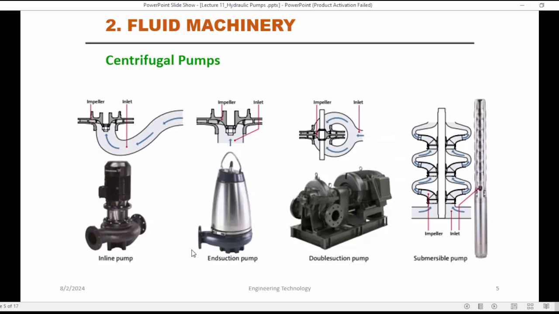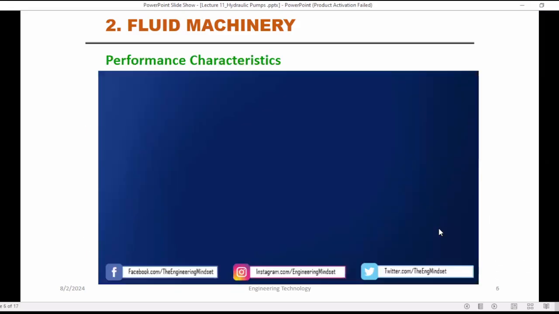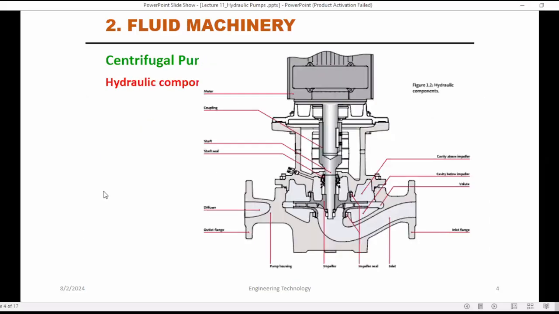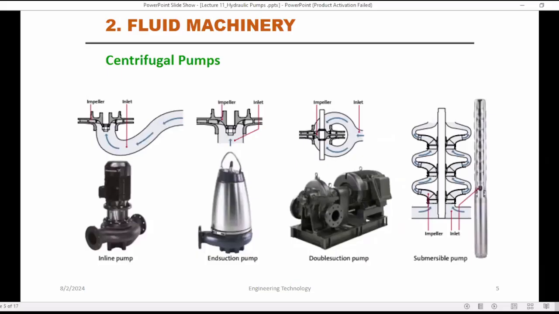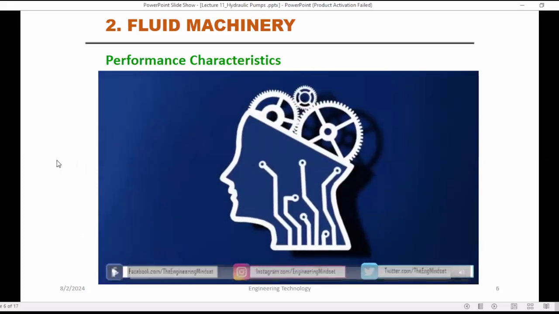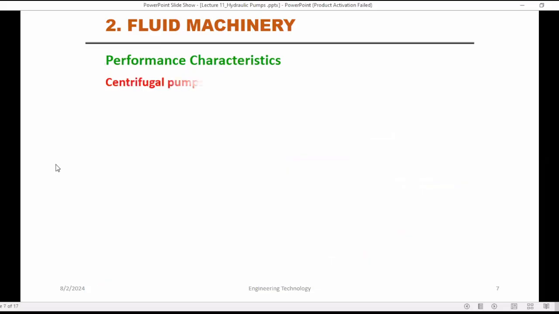These are the different types of pumps. Then under this lecture series, we need to identify what the performance characteristic in a pump is, okay?